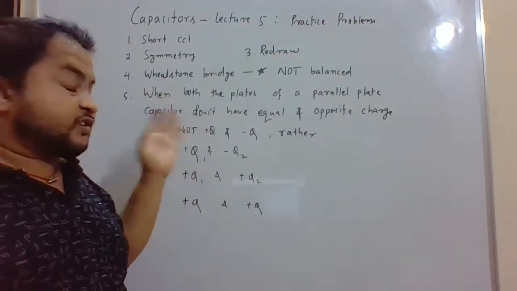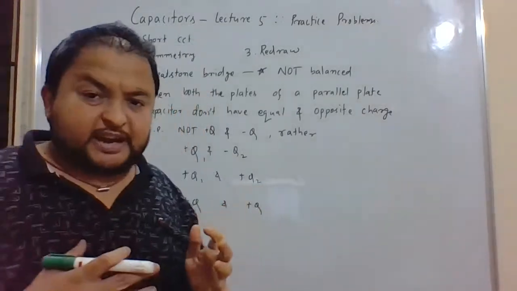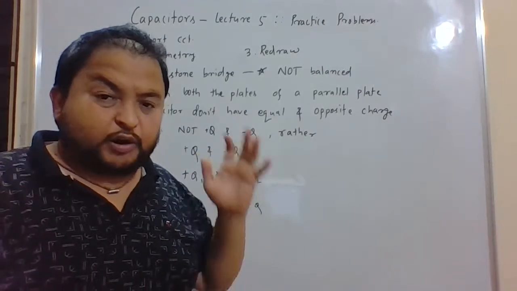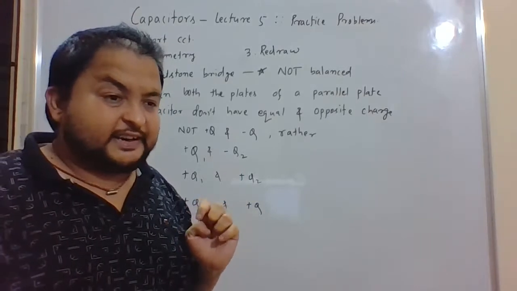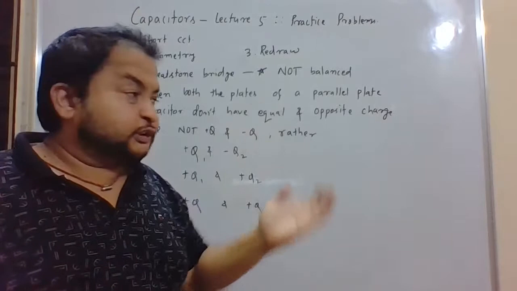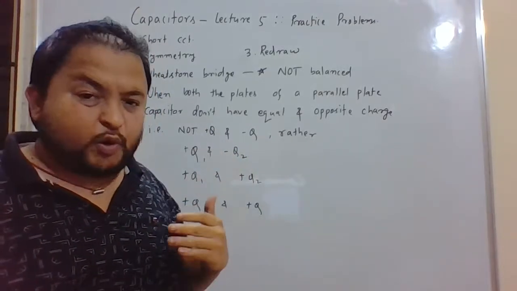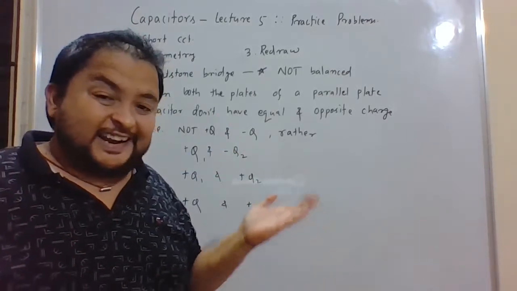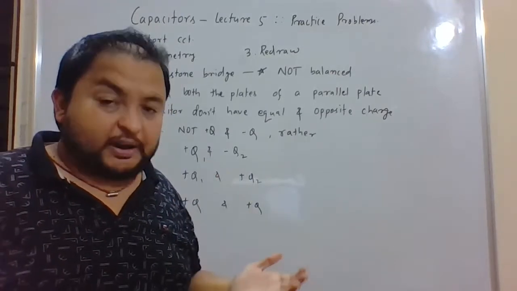And then towards the end, we know that in our definition of capacitors, we had studied that a parallel plate capacitor is created by taking two plates which have equal and opposite charge, which means if one plate is given charge plus Q1, we give minus Q1 charge to the other plate, and the net charge on the capacitor we take as Q1, right?